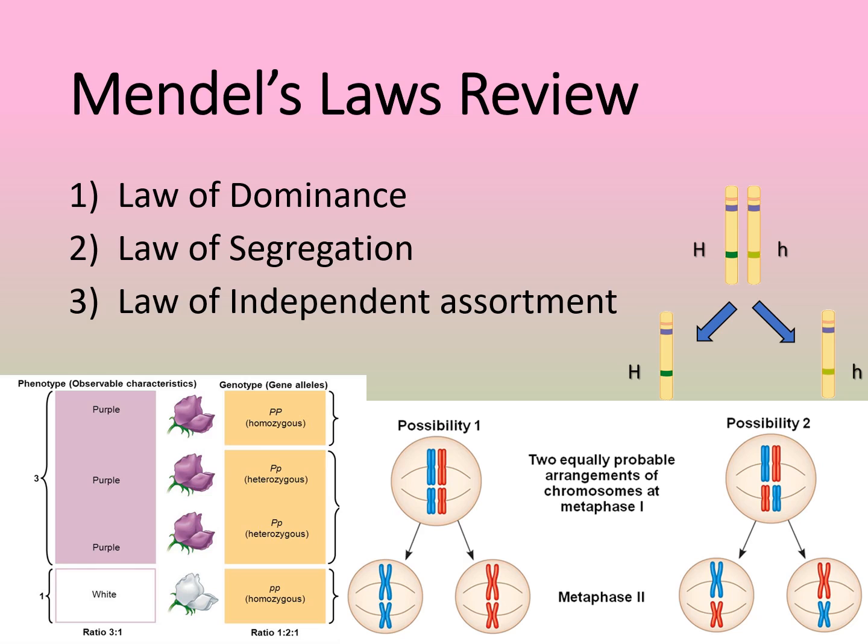So always the dominant allele will shadow the recessive allele when we're talking about true dominance and the law of dominance. So this is different in some of our variation on Mendel's laws. So keep that in mind, and we'll review that a little bit more.